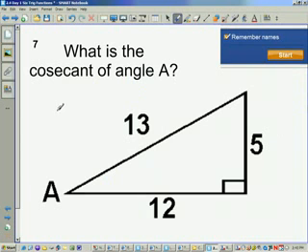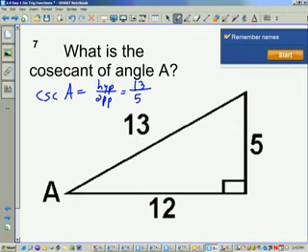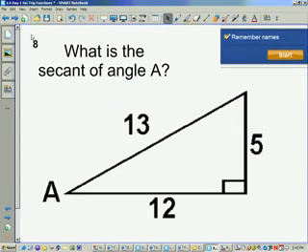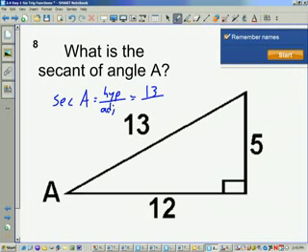Cosecant of angle A is going to be the hypotenuse over the opposite. So we're going to get 13 over 5. The secant of angle A is going to be the hypotenuse over the adjacent side, which is 13 over 12.